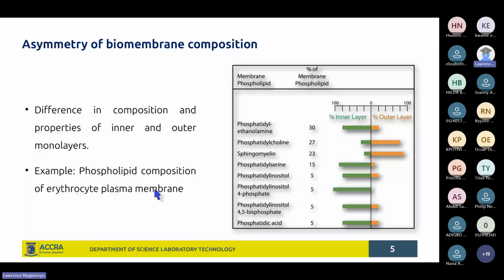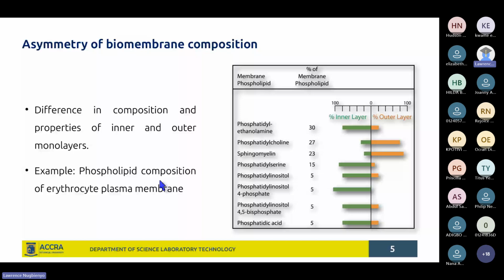Now, even the cell membrane, which is a lipid bilayer, both sides or monolayers do not contain the same amount of lipids. So that is why you have what is referred to as asymmetry. The cell membrane or biomembrane is not symmetrical. You don't have the same composition in each of these leaflets or monolayers.